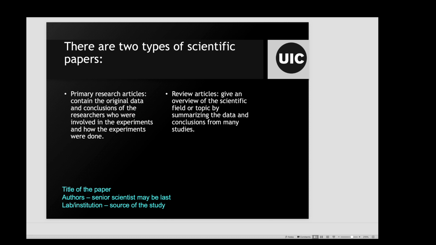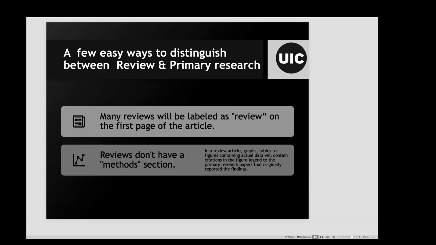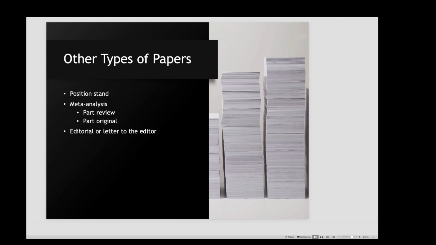Okay. And then if you read this and you still don't know, I have this section here that talks about it as well. You can read that because it's big print. And I don't need to read that to you because I'm pretty sure you understand what that is. There's also other types of papers, right? Position stance papers, like I just mentioned with ACSM. So we have the primary research paper, the review research paper, and position papers, right?